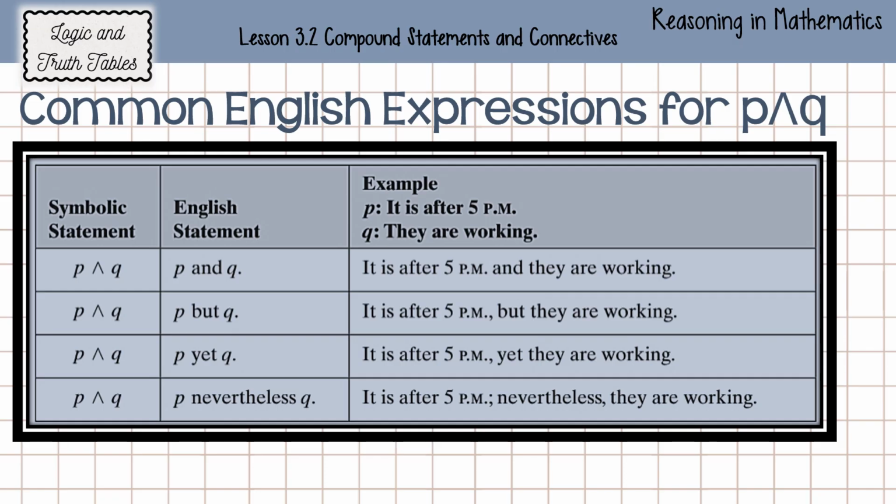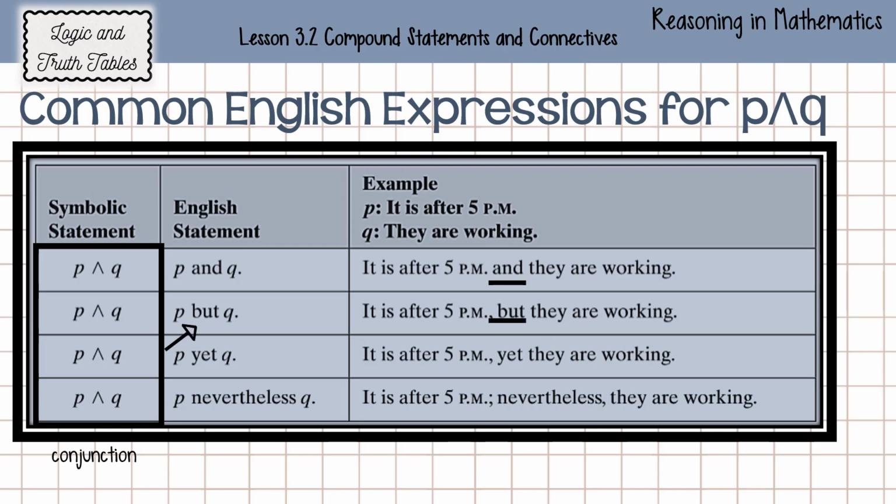Common English expressions for P and Q. So we have the conjunction there, the same conjunction, but we can use a variety of words. Here are examples. We can, of course, use and, like in the sentence, it is after 5 p.m. and they are working. P, but.